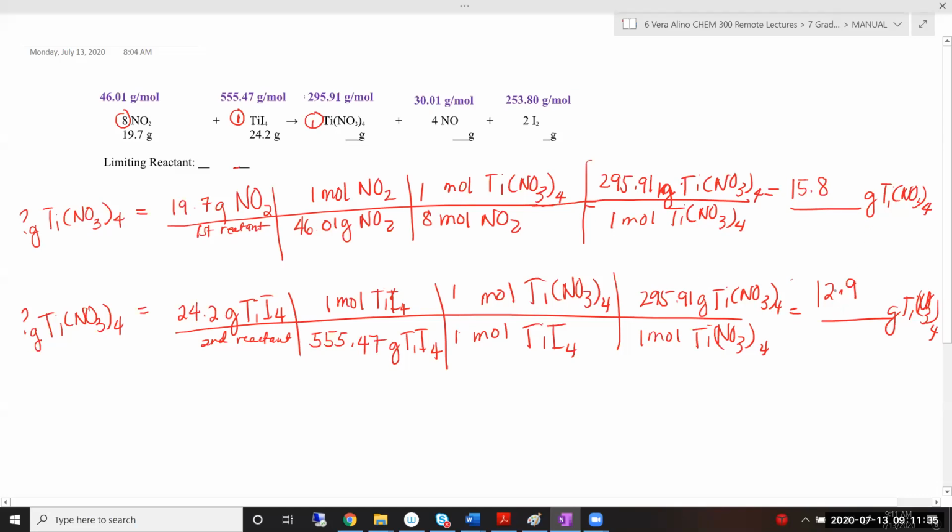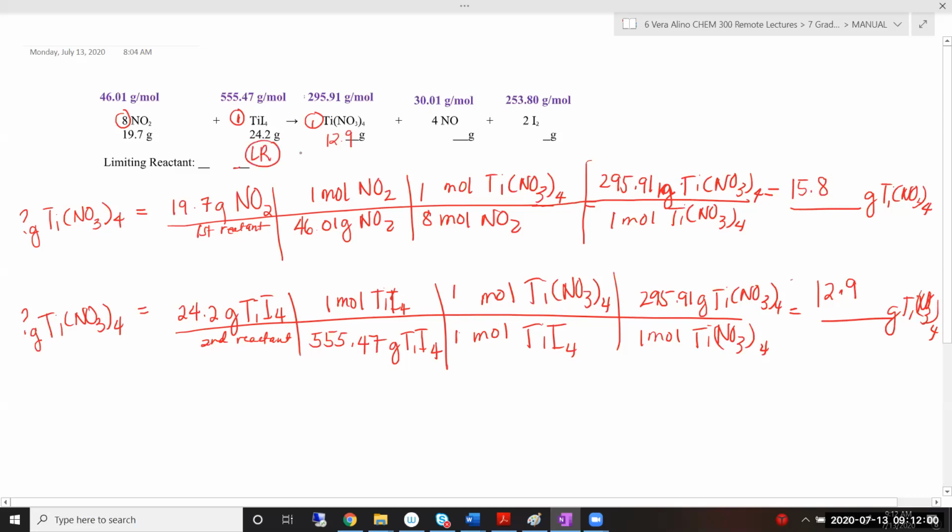So now I'm going to do some analysis. Which of the two gives me the least product? So it's this one. It's the second reactant that gives me the least product. What does that mean? It means that by the time I make 12.9 grams, all of my second reactant will be consumed.